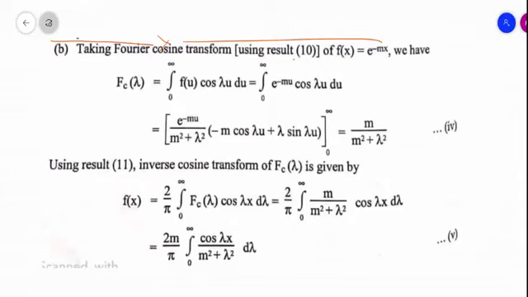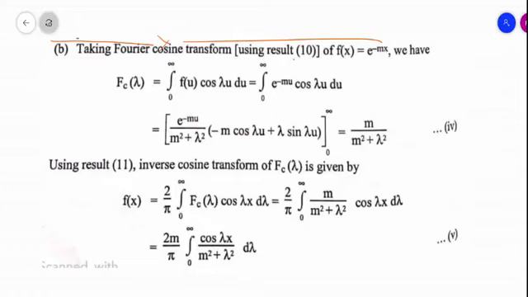So friends, let us come towards the second part of this problem. If you observe the equality which we are going to prove, on the left hand side there is an integration.